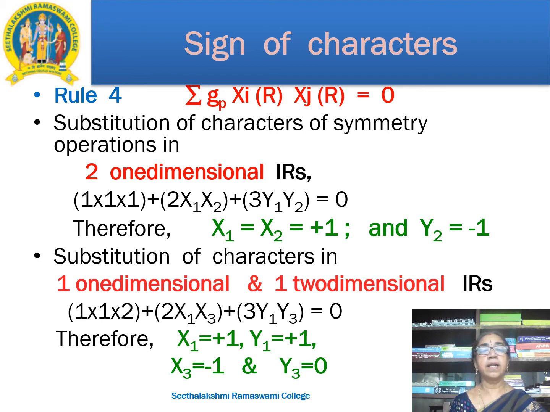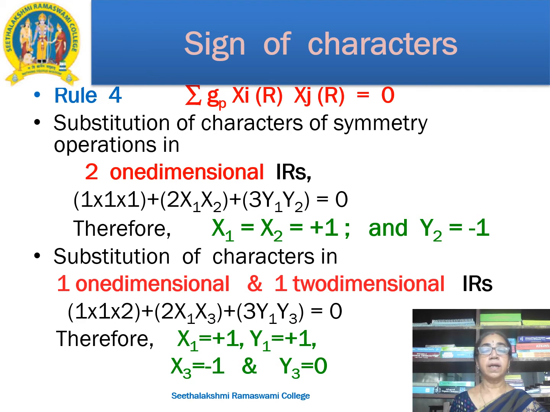The third one gives the character of the same identity element in the second one-dimensional IR. In the second part, 2x1x2, 2 is the GP value. x1 is the character of the C3 symmetry element in the first one-dimensional IR, and x2 is the character of the same C3 element in the second one-dimensional IR.